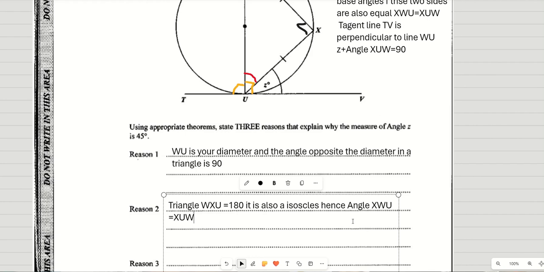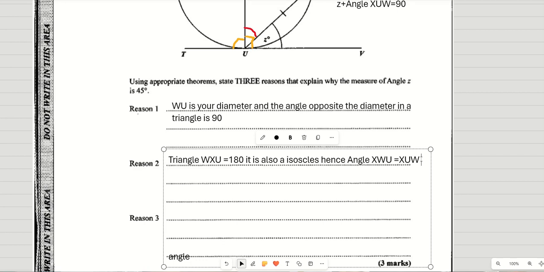Alright, we said that. We already know that one of the angles is 90. So what we're saying is our triangle, or 180, is equal to 90 plus XWU plus XUW.